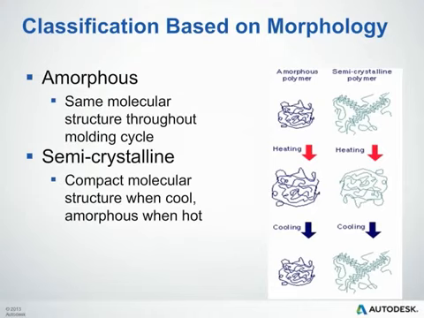Our second classification based on morphology is semicrystalline materials. Typically when we think about crystalline structures, we're thinking about salt or gemstones, and maybe not plastics, but semicrystalline plastics do have a crystalline arrangement, or can. The degree to which the crystallization occurs will depend on how the plastic cools and the history in the molding cycle.